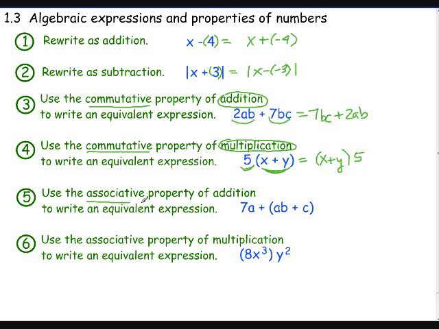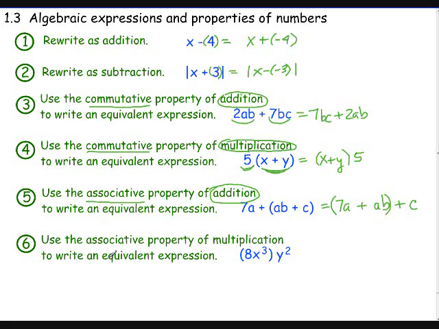Now the associative property of addition. So it's going to look exactly the same as far as the position goes. We're not commuting. We're just leaving everything in the same position. So we've got 7a plus ab plus c. But we're going to associate differently. Instead of having these two associated with one another, we're going to associate the first and the second.